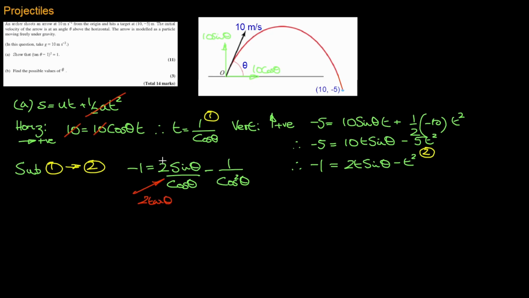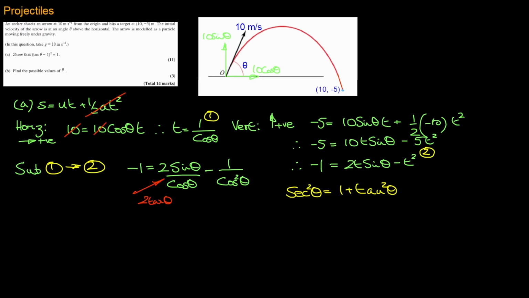So this term is part of the answer. What have we got to do to transform the other term into tan? Well, 1 over cos² is sec² θ, and one of those Pythagorean trig identities is that sec² θ equals 1 plus tan² θ.